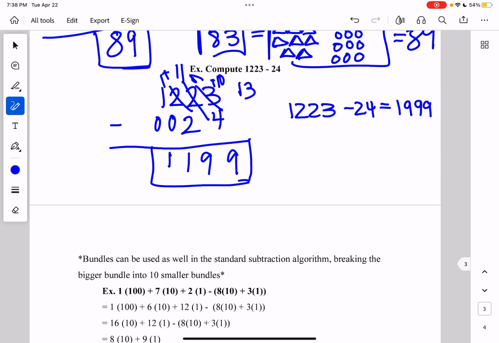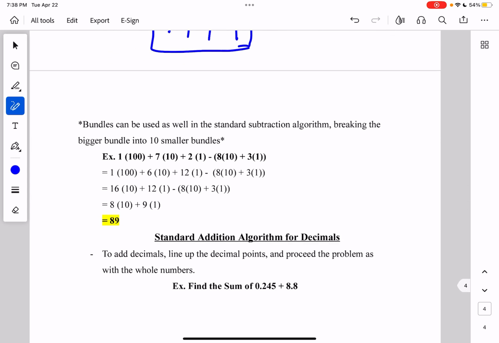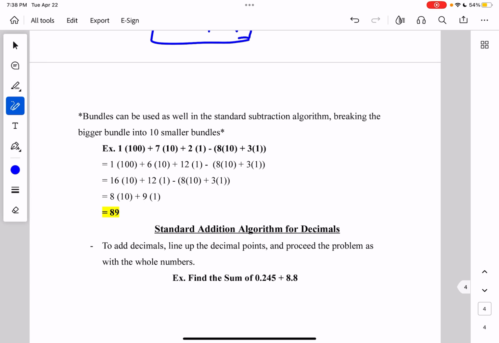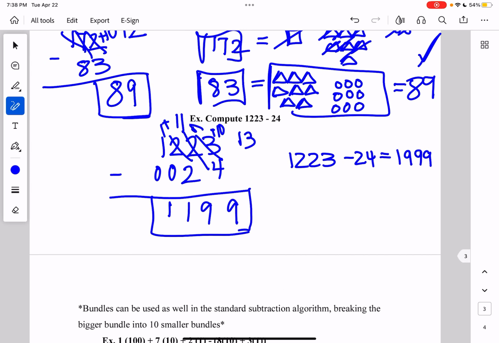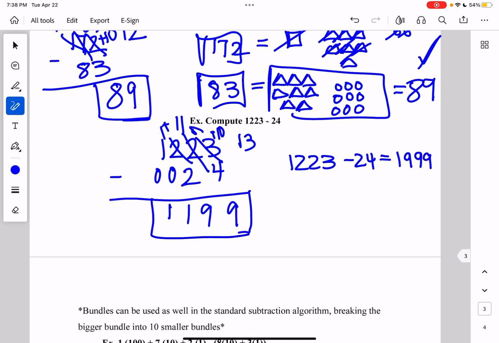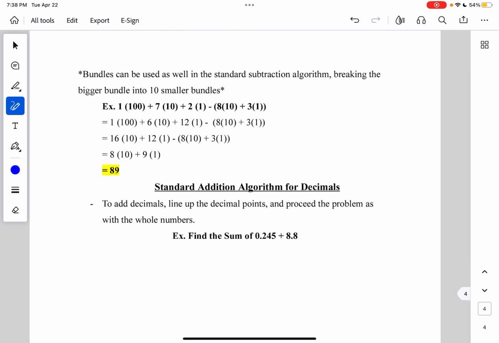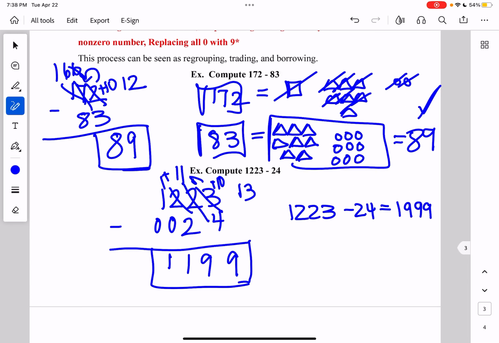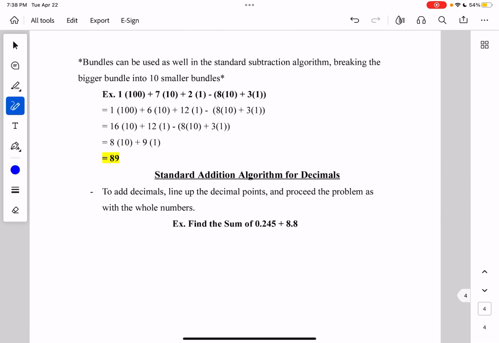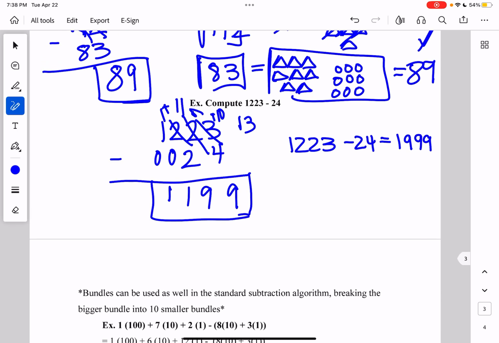You're also able to do bundles in subtraction as well. I did it for the first problem up here, and down here, it's kind of hard for you guys to visualize, so I just did this to make it easier for you. Bundles can be used as well in the subtraction algorithm, breaking bigger bundles into 10 smaller parts. So that's what I did up here.